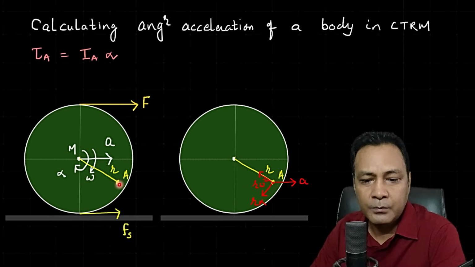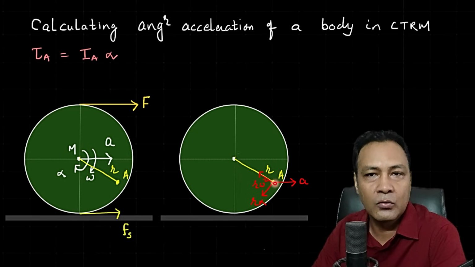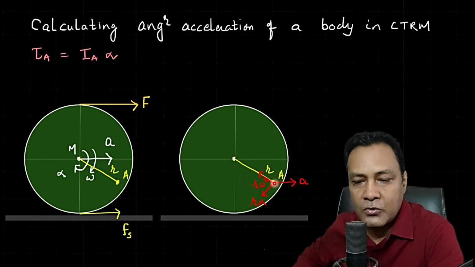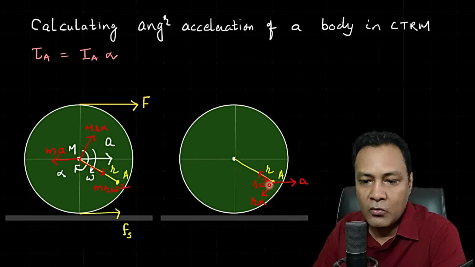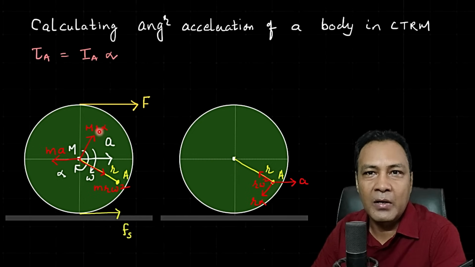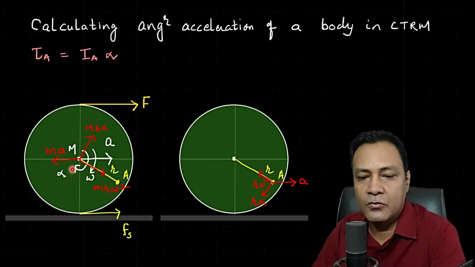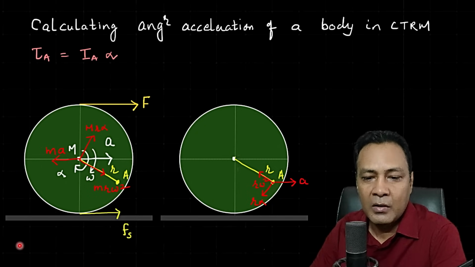Now torque about A, in addition to torque due to these forces, we have to add the torque due to the pseudo forces. Because of this term the pseudo force would be m r omega square, because of this term the pseudo force would be m r alpha, and because of this A the pseudo force would be m A.